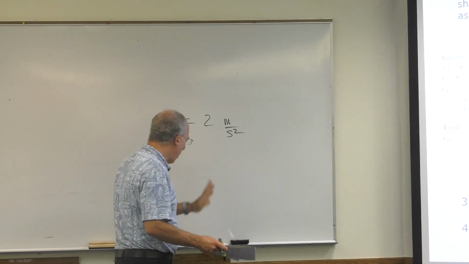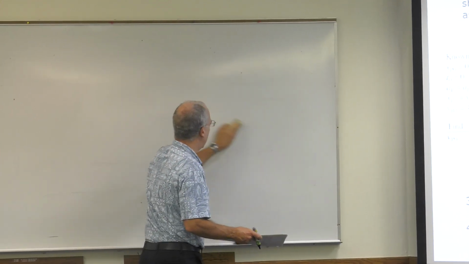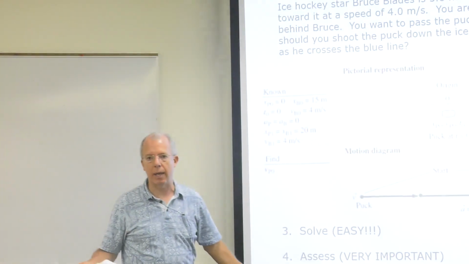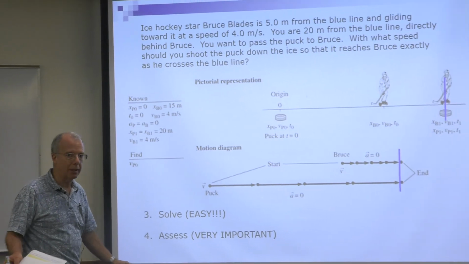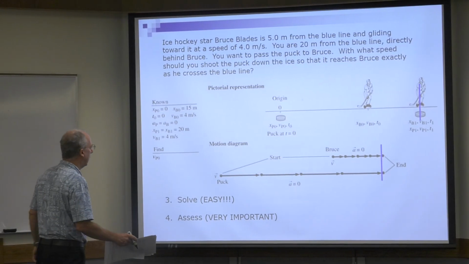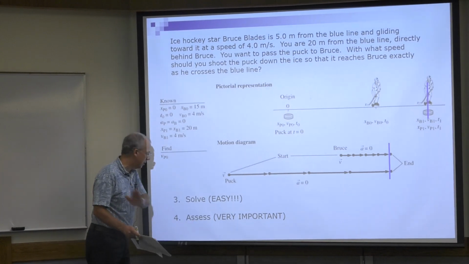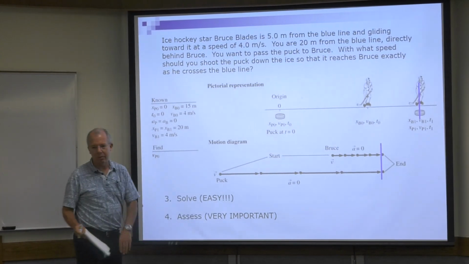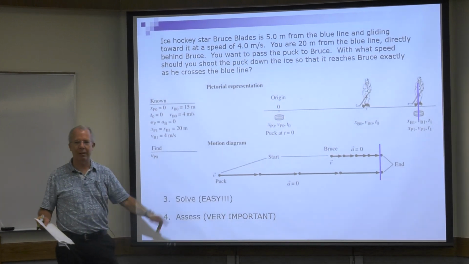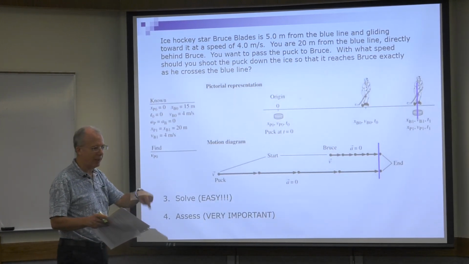So you always want to ask yourself, is it reasonable? What if you came up with something like a million meters per second? Well, that's crazy. Or like 0.00001 meters per second. It's crazy, you know? So you always want to assess, okay? If you're a pre-med student, you better assess. We talked about that the other day, right? Because if you make a mistake, you could kill somebody.